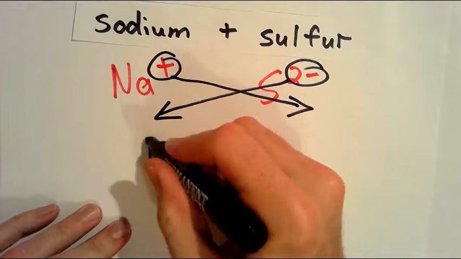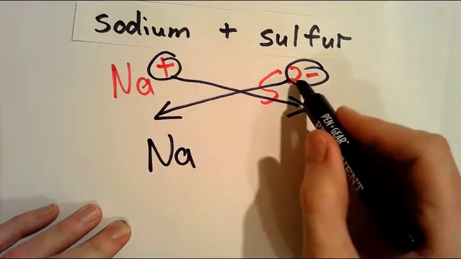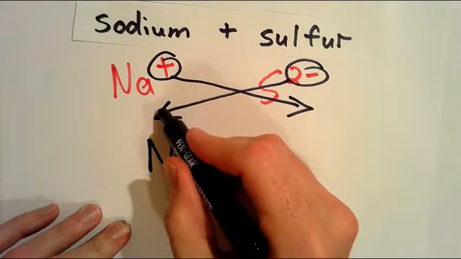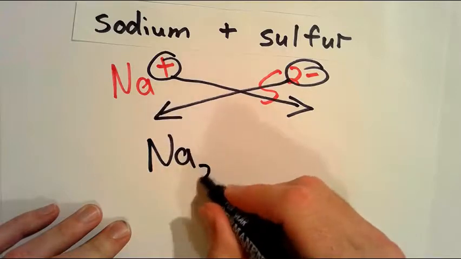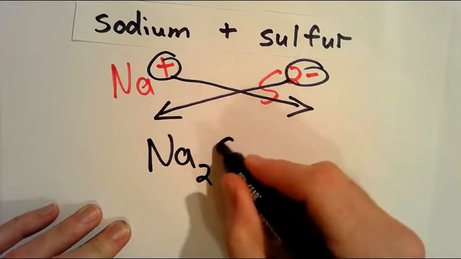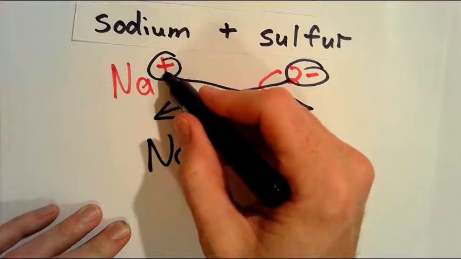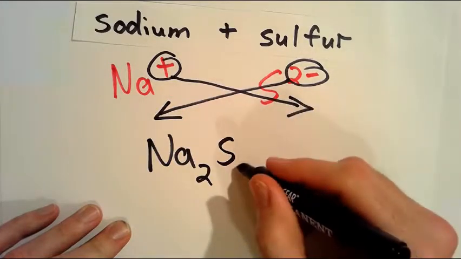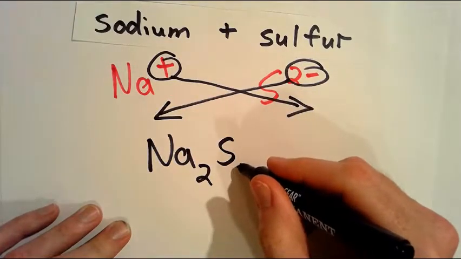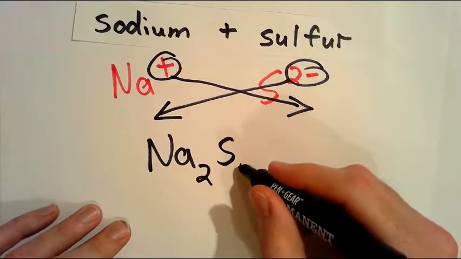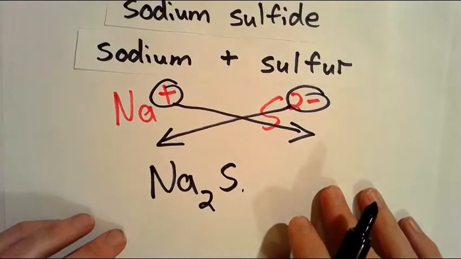And I will get Na. The 2 will now come down here to where the arrow points, and then S, and the 1 will now come down here, and the 1 is now understood. So this would be the correct answer.